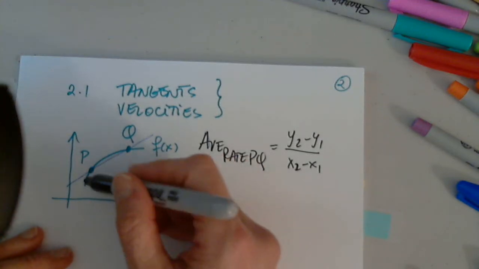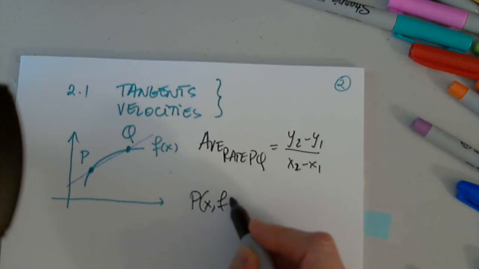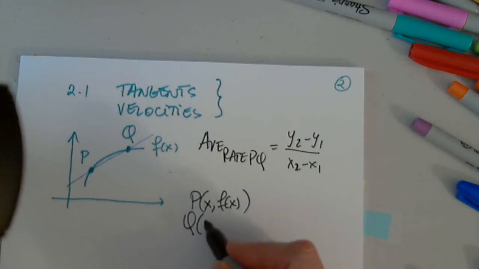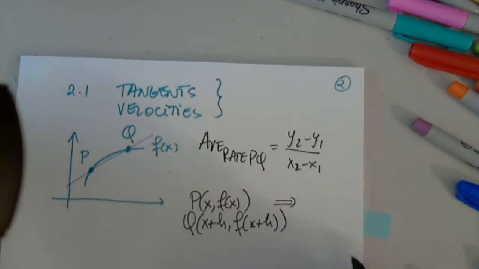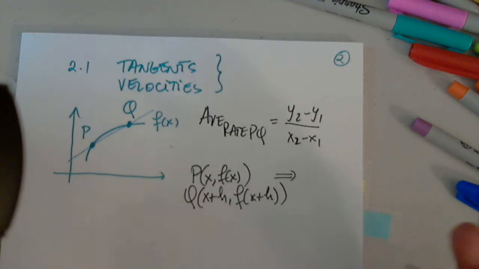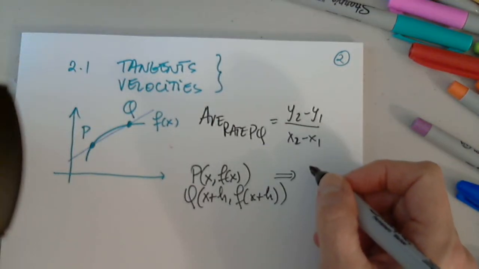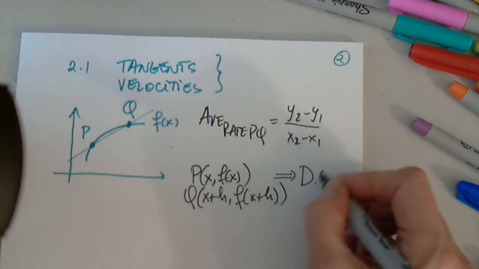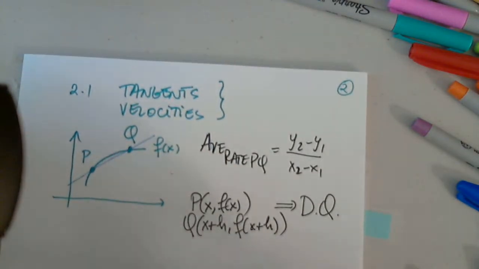Of course, if I denote this by, so if P has x comma f of x, and Q is x plus h, f of x plus h, then what do we determine? We're not really determining the average rate of change, but we are determining what? The difference quotient. What is the difference between these two basically?